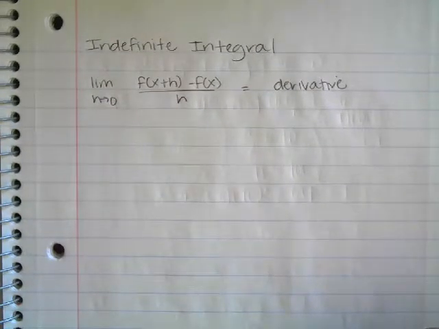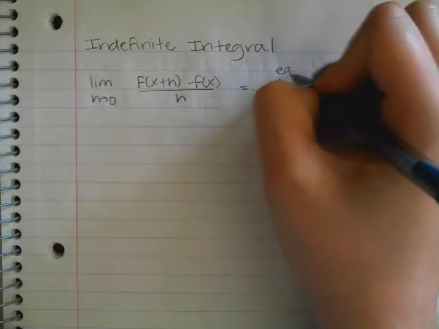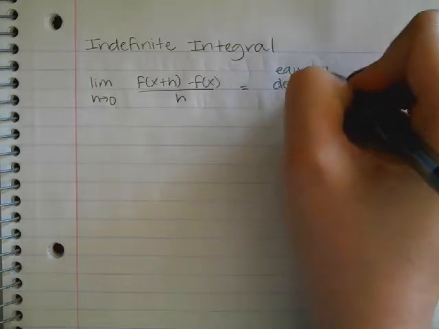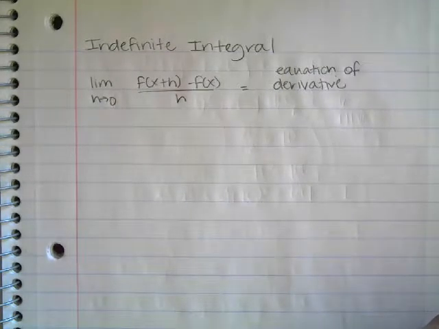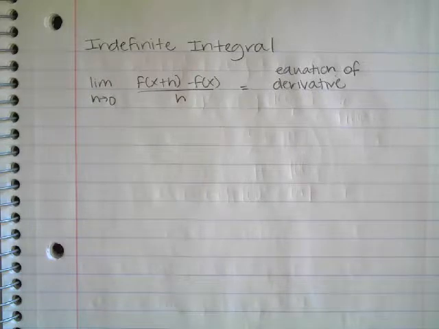This is not the derivative in the sense of the instantaneous rate of change at a specific point. This is the derivative as an equation. It's the equation of a derivative, so that for any point on that equation, I can say that's the instantaneous rate of change at that exact point, okay?